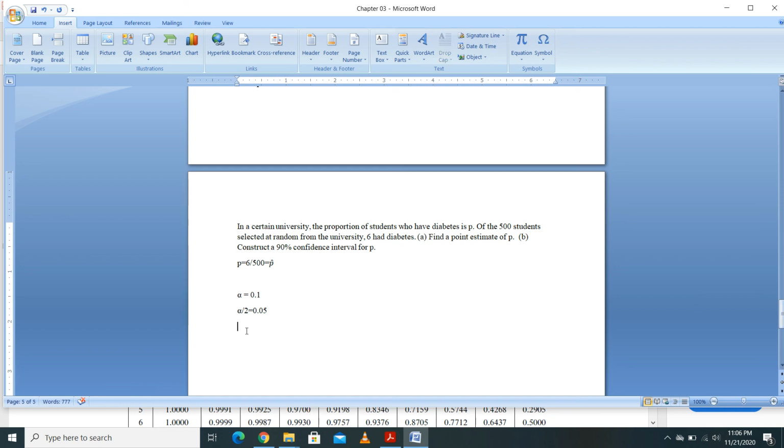right? So that is one cutoff point from the standard normal table. You have to find out that is Z 0.95 value, right?